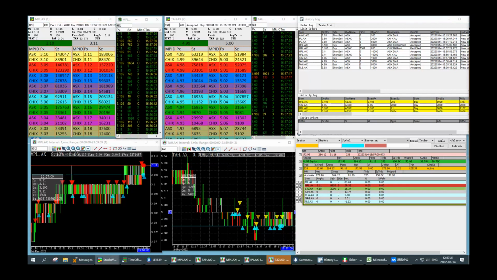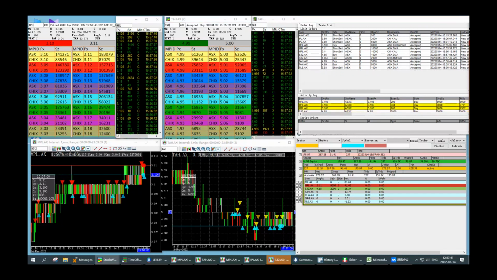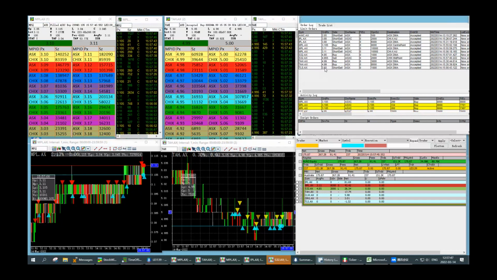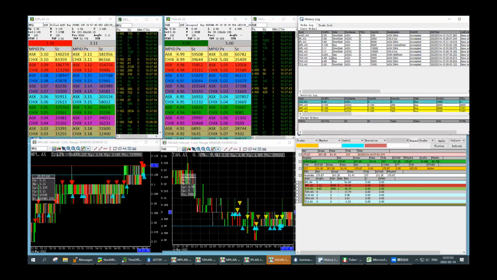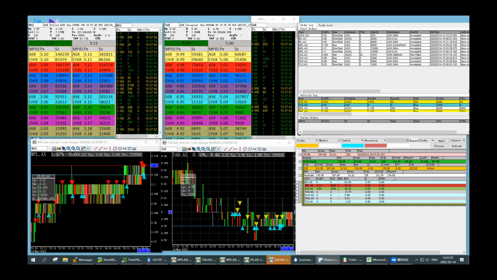Now you can see I have another long position, which is S32 at the price of 4.85, 3,000 shares. So now I try to flat all my positions before the market close.